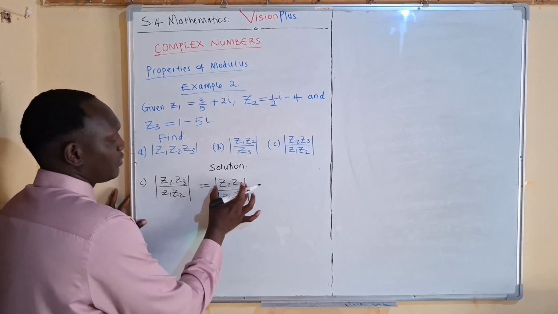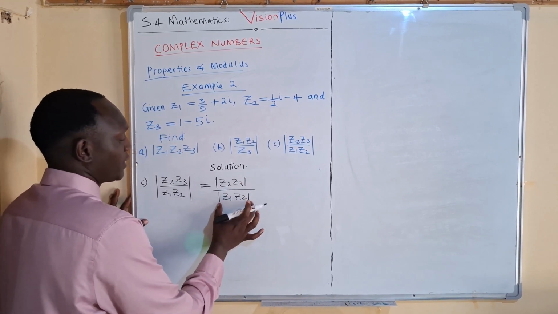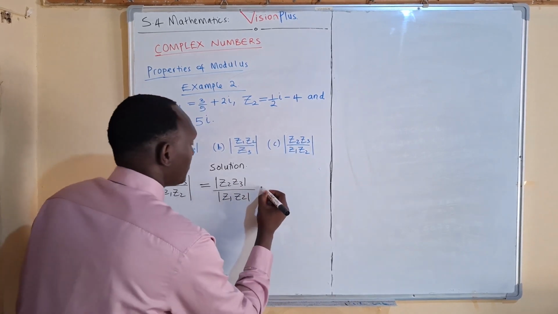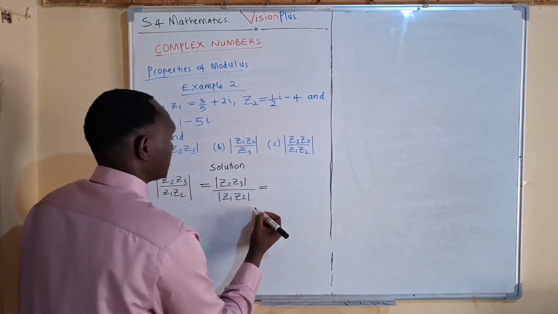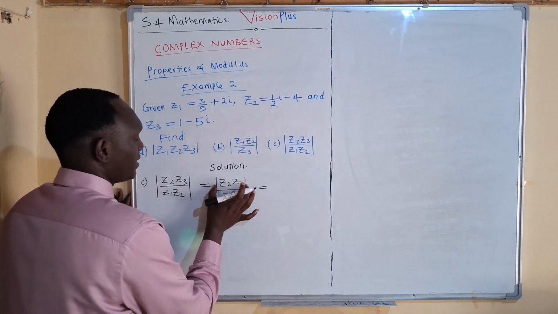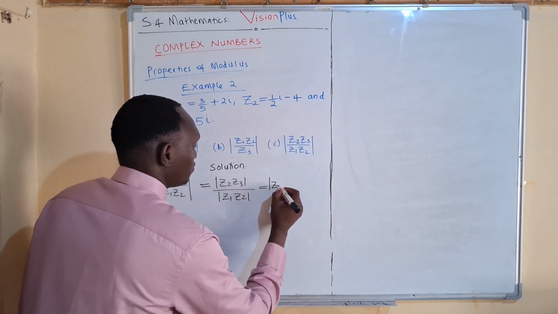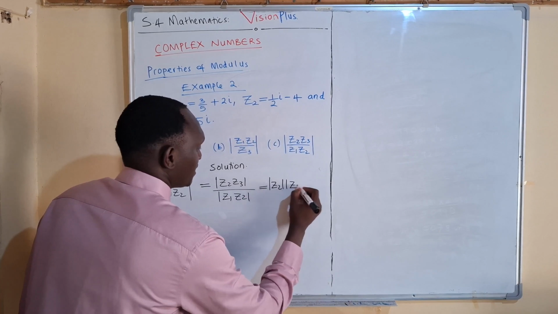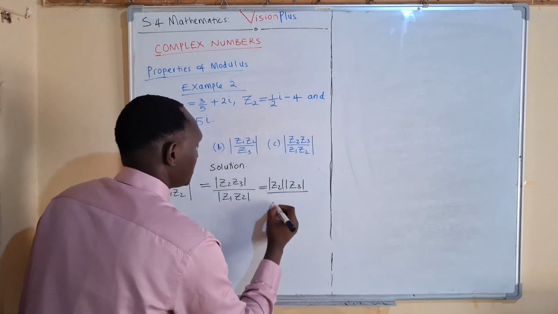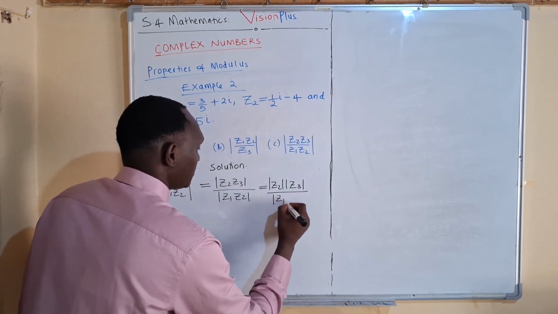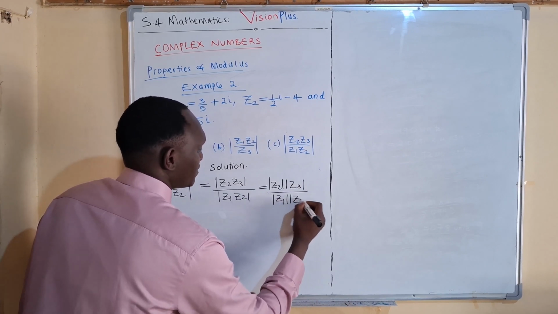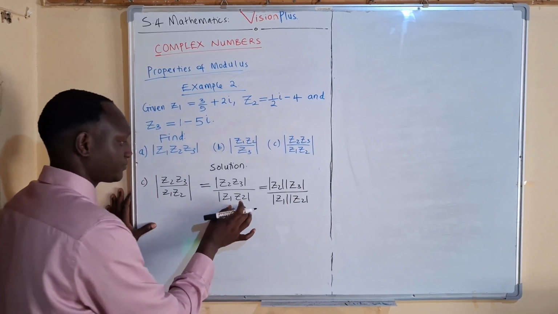And now, you still have a product in the numerator and a product in the denominator, so you can still apply the property of product. This is the same as the magnitude of Z2 times the magnitude of Z3 over the magnitude of Z1 times the magnitude of Z2, since it is a product.